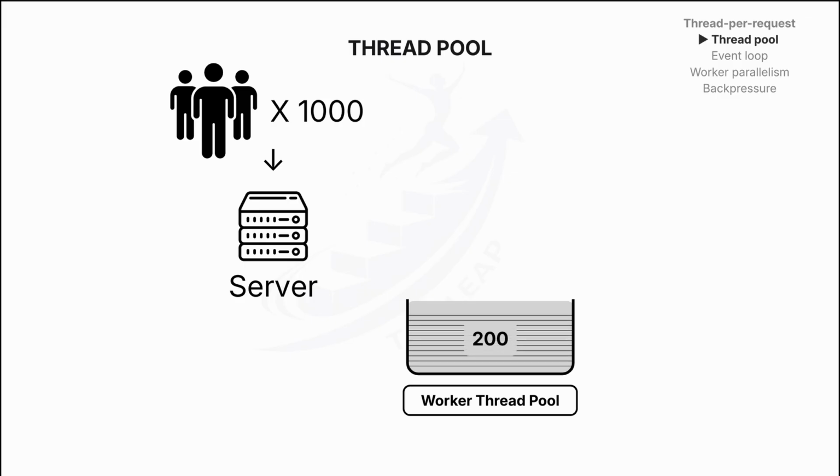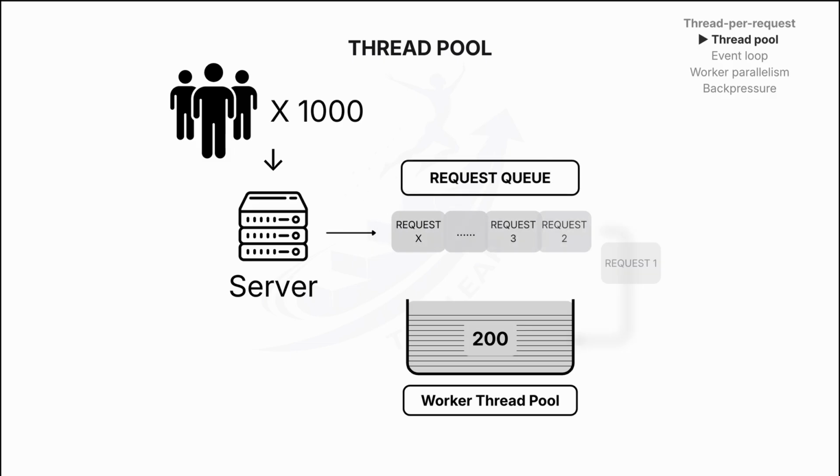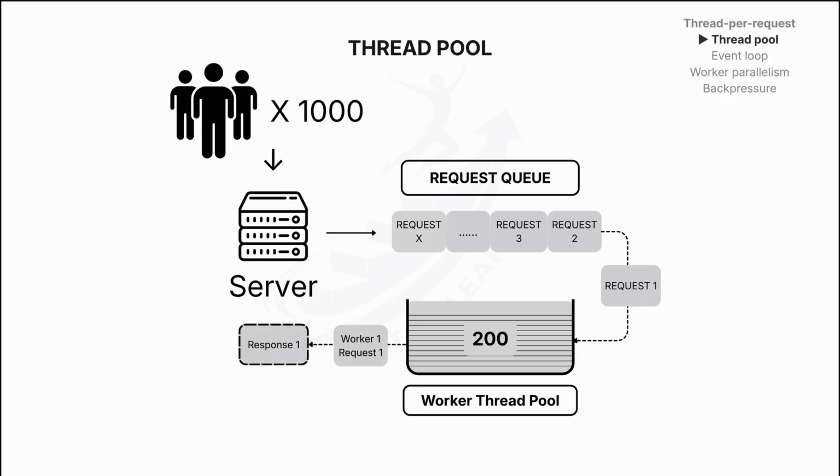When requests arrive, they are placed into a queue. Each worker thread takes a request from the queue, processes it, and then returns to pick up the next one. This approach solves the thread explosion problem. The number of threads is limited. Memory usage becomes predictable. But another problem quietly appears.